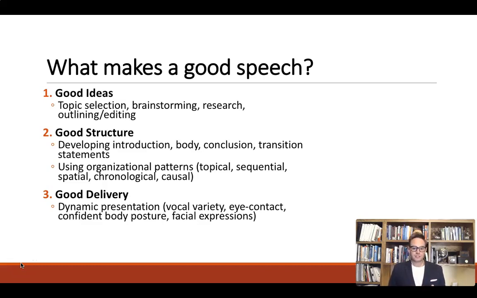So good structure is the second critical element of a good speech. And this is pertaining to developing the introduction, the body, and the conclusion, transition statements, all of those mechanical things that we need to include in a presentation. It also includes using the organizational patterns we recently learned about.